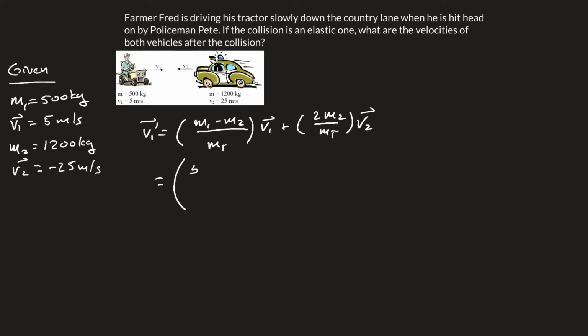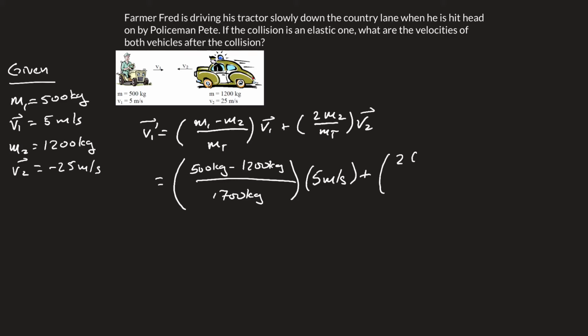So m1, 500 kilograms minus 1200 kilograms, divided by the total, which is 1700, times the first velocity, 5 meters per second, plus 2 times 1200 kilograms divided by 1700 kilograms, times the second velocity, negative 25 meters per second.